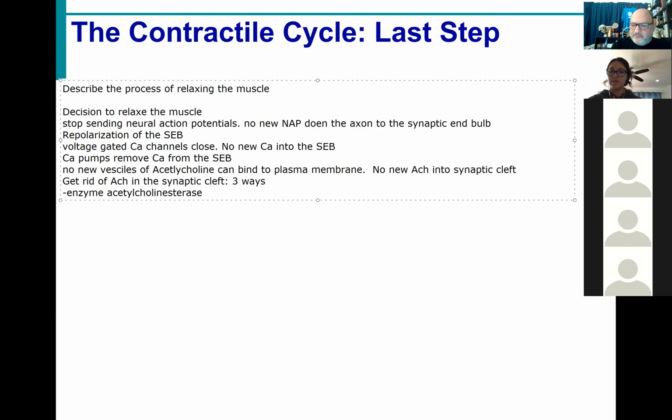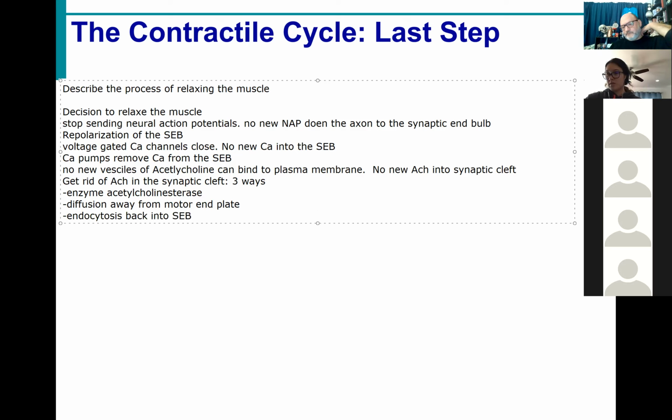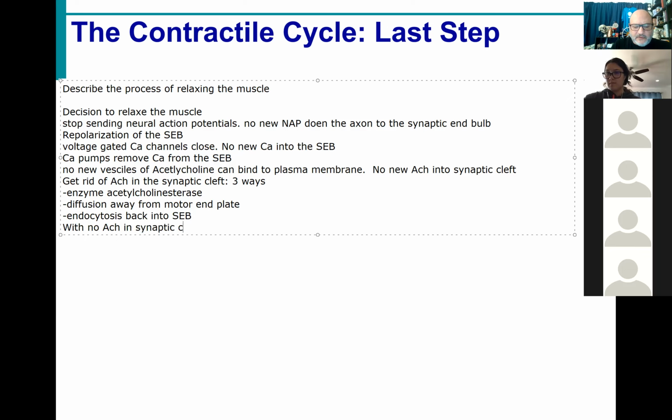Excellent. Simple diffusion. And some endocytosed back into the cell. Diffusion away. Excellent. So now with no acetylcholine in the synaptic cleft, what happens next?